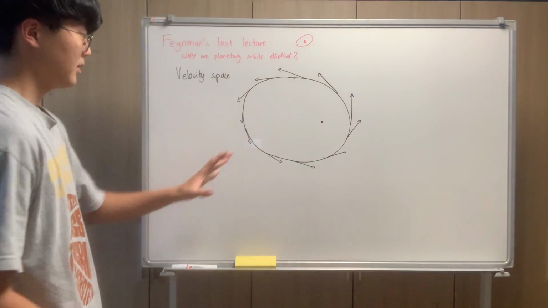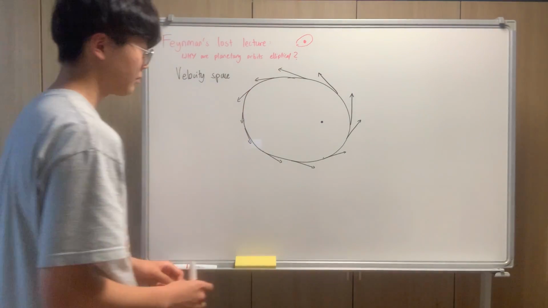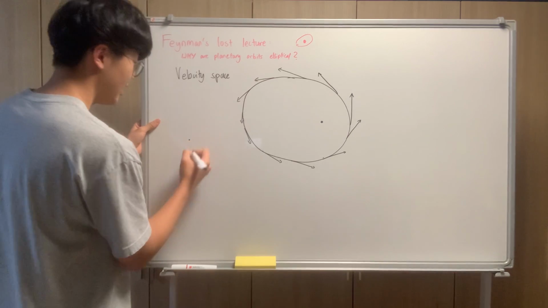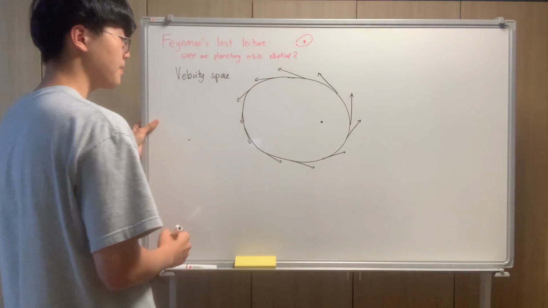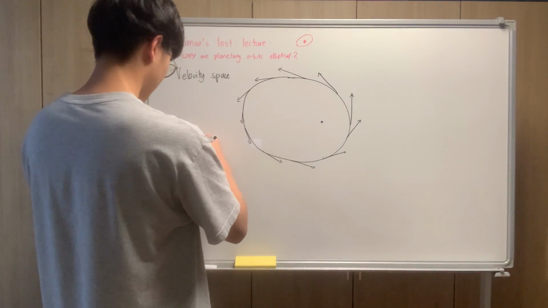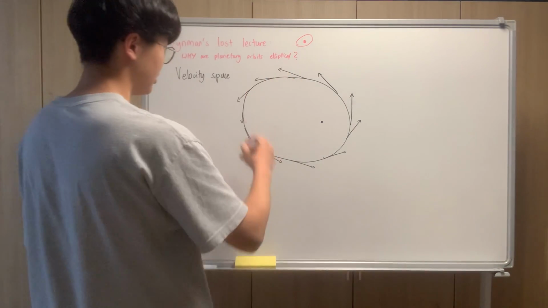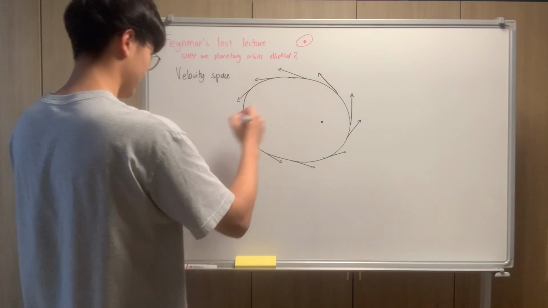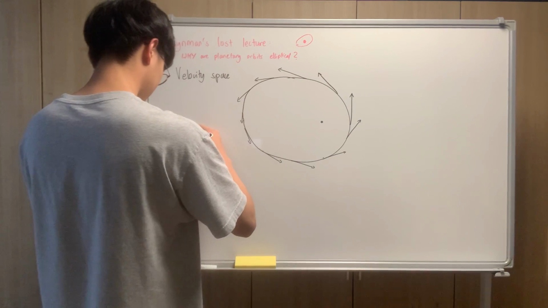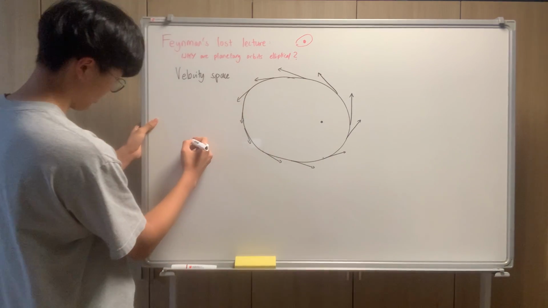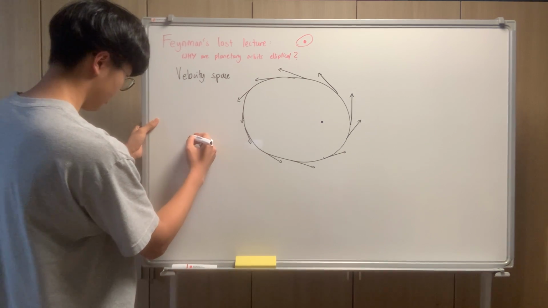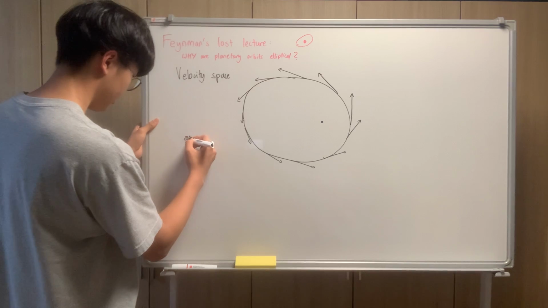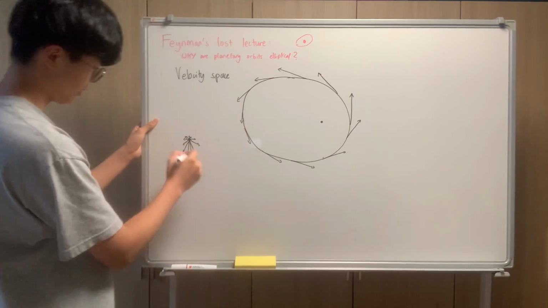When we have a point and we depict all these velocities together from this point here, the biggest will be here, and something a bit smaller, and a bit smaller, we're going to get a perfect circle.